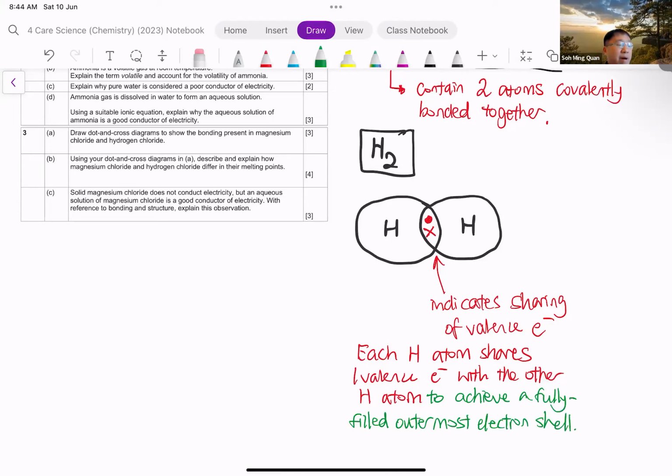Now we have to bear in mind that hydrogen only has one electron in the first shell. If you recall, under atomic structure you have learned, the first shell only contains a maximum of 2 electrons. Hence, by sharing the valence electron with another hydrogen atom, we now have 2 electrons which are shared. And 2 electrons, of course, makes the first shell fully filled.